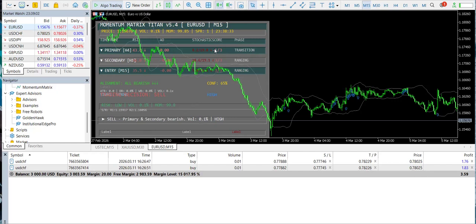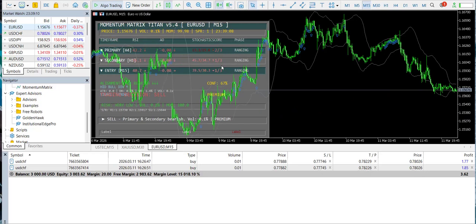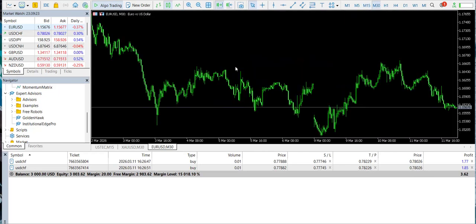And the stochastic score is negative 1,3. It is not yet 3,3 like the rest, because it keeps changing and giving you live price updates. So you don't have to worry about that.